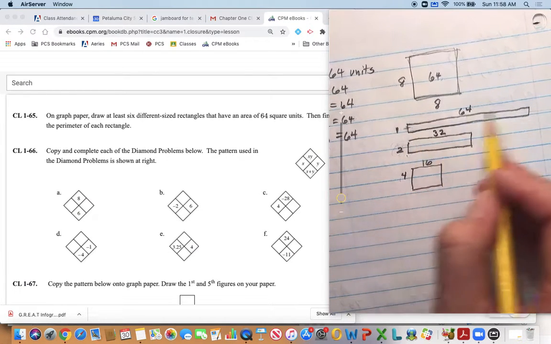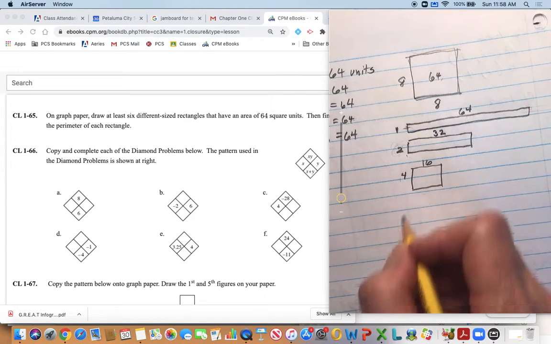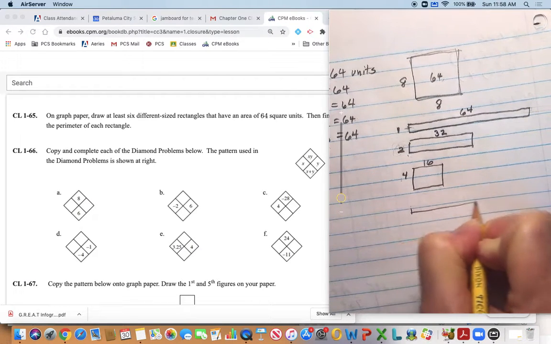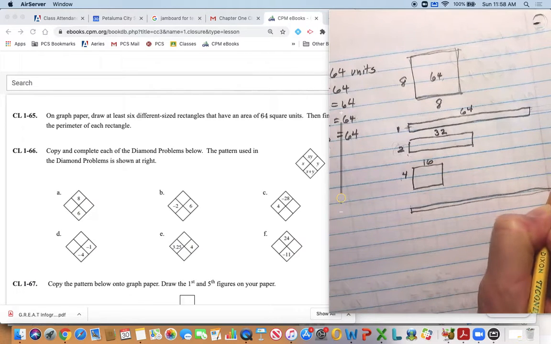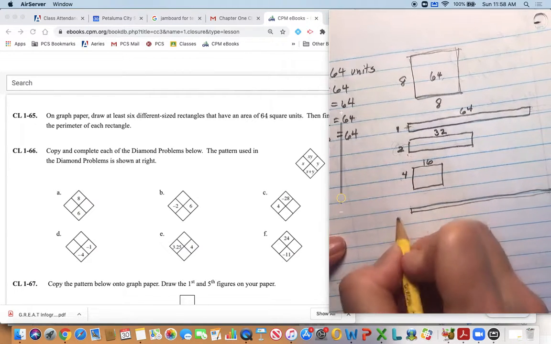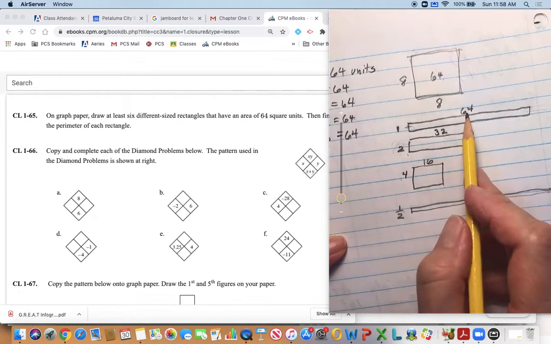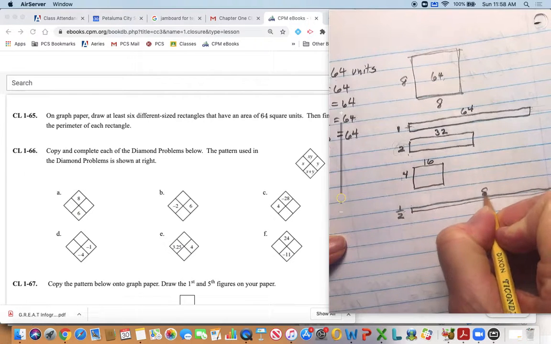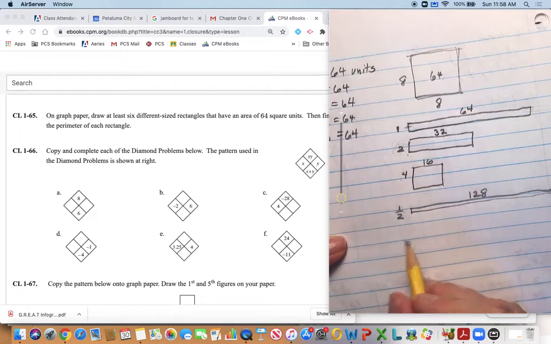Then we would have to add 64 more in length. And so I could make a super skinny little rectangle. I can't even draw it straight. So that would be 1/2, and then it would have to be twice as long as that. So twice as long is 128 units.